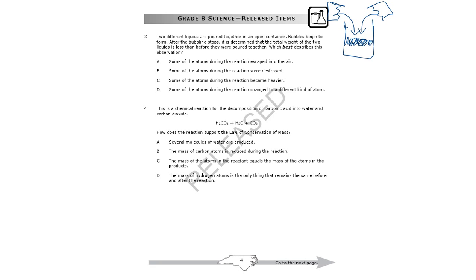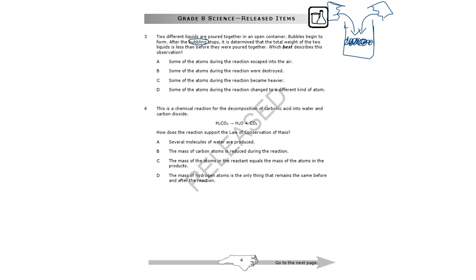All right. Now, I know baking soda is not a liquid, but think of baking soda and vinegar. Okay, you mix them together, they bubble, and gas is produced. That's what causes the bubbling.